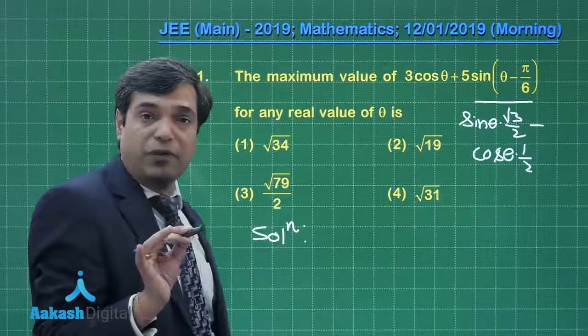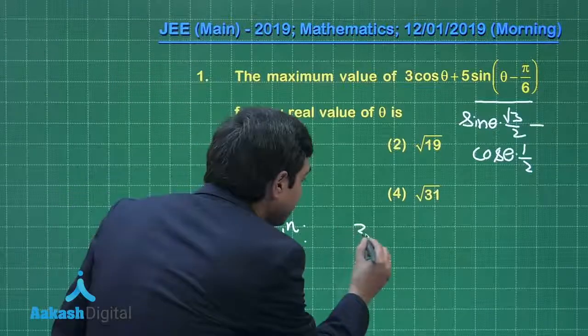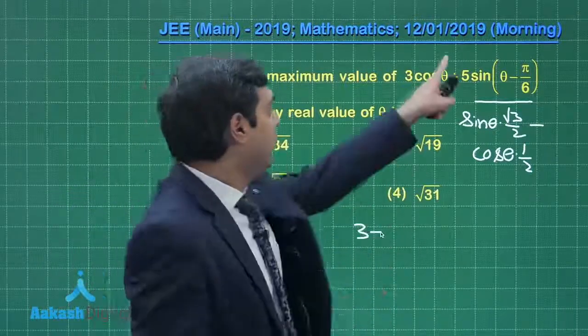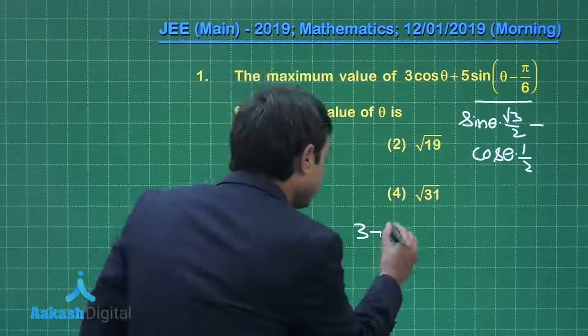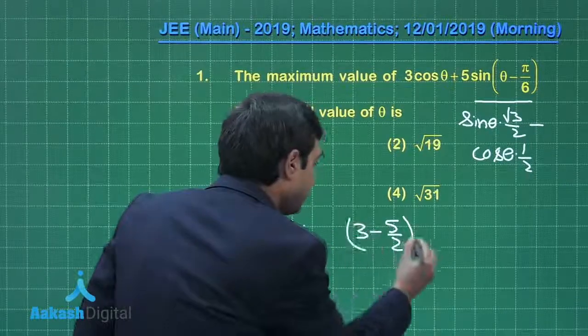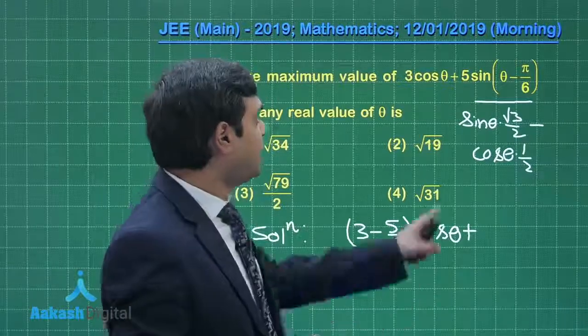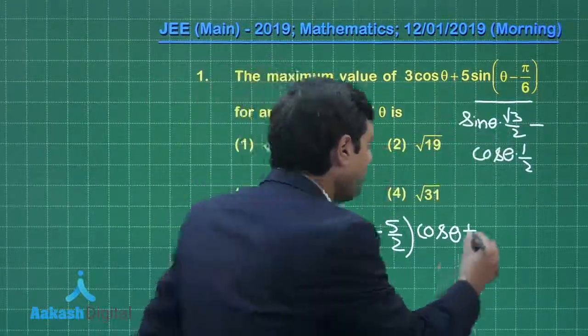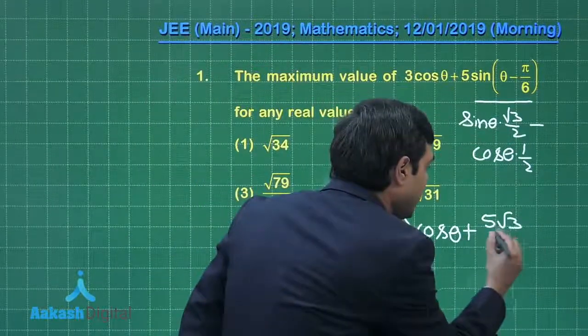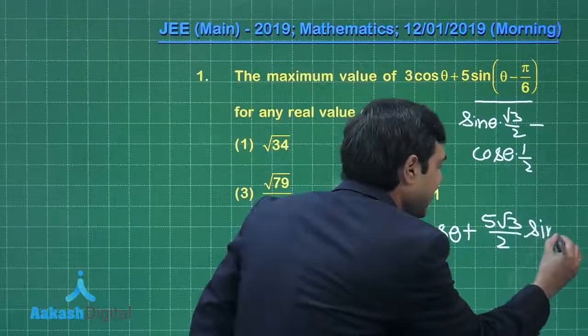So the overall coefficient of cos theta is 3 minus 5 by 2. So write down (3 minus 5 by 2) cos theta plus the coefficient of sin theta, root 3 by 2 into 5, that is 5 root 3 by 2.